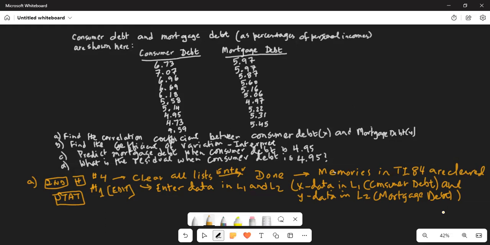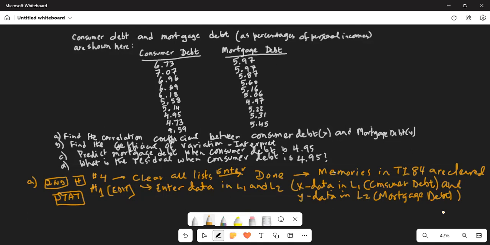Press the right cursor key so that the cursor moves to the first line in L2, where you are going to enter the mortgage debt data, which is 5.97, then again 5.97, 5.87, then 5.60, then 5.16, then 5.06, then 4.97, then 5.22, then 5.31, and 5.45, the last data point.